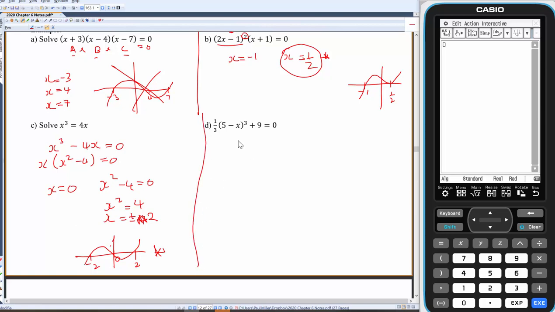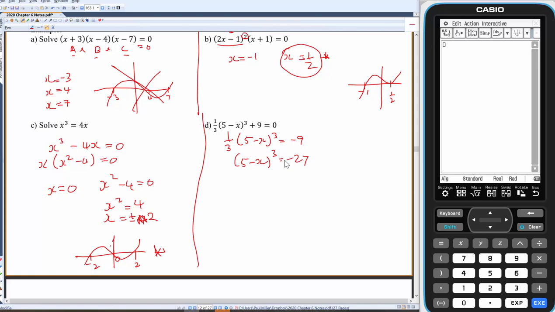All right, this one here, we're going to solve this one. So it's 1/3, 5 take x cubed equals -9. So what I'm going to do is use the inverse operations method on this one. So notice that the way I solve each one here depends on what it looks like. All right, so 5 take x cubed equals -27.